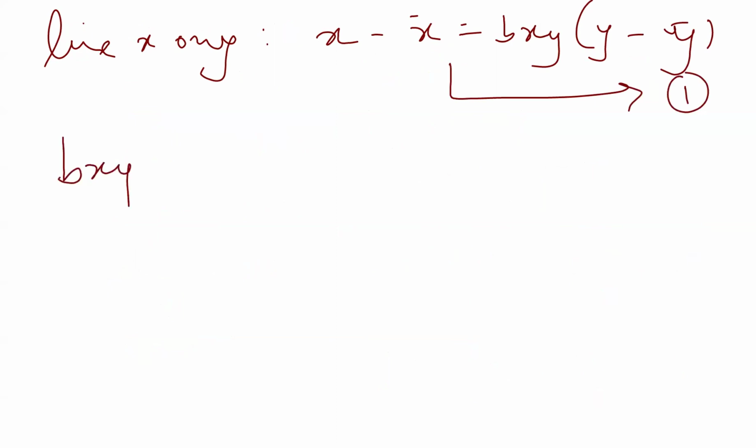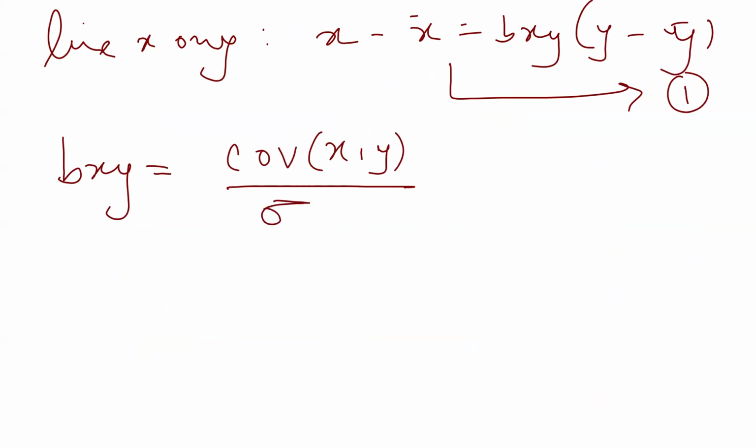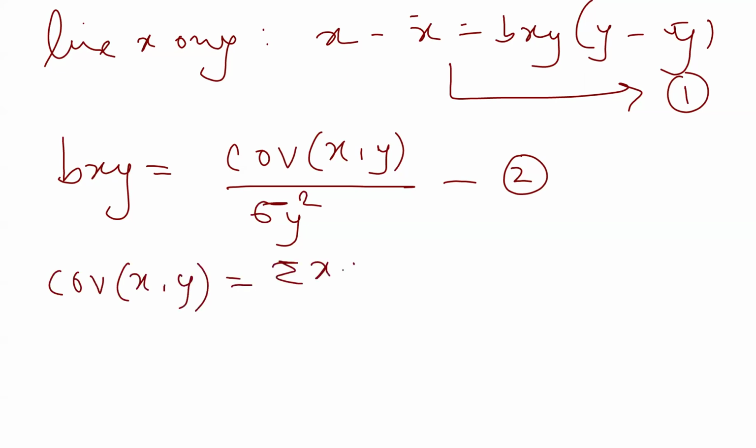Now regression coefficient of x on y, that is bxy, is equal to covariance of xy upon standard deviation of y square. Equation number 2. First, we'll calculate covariance of xy. Looking at the data, we have to decide the formula that we are supposed to use. So summation xy, given in the problem as 50, upon 25 minus x bar into y bar.